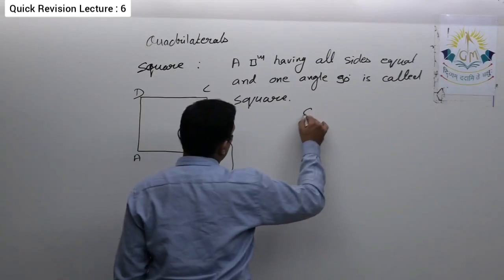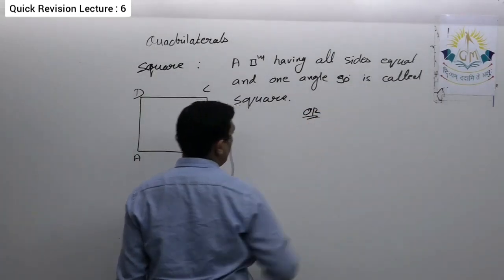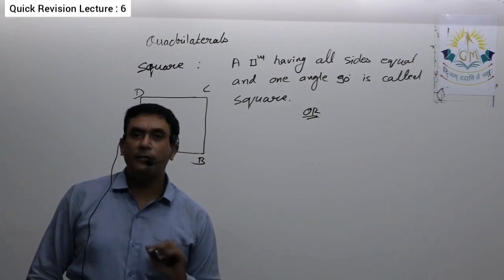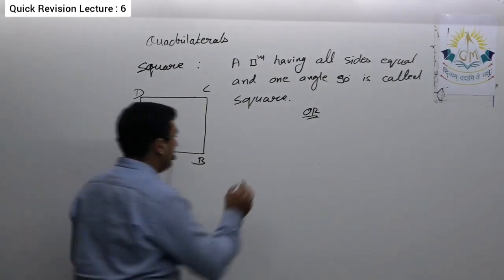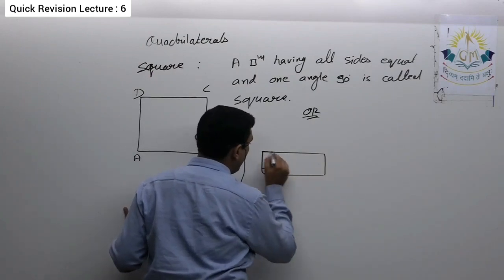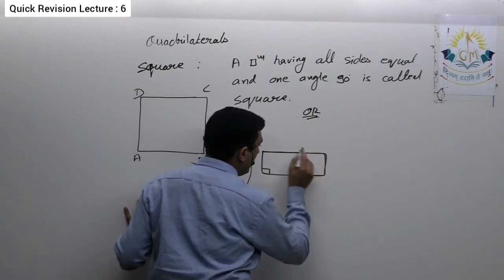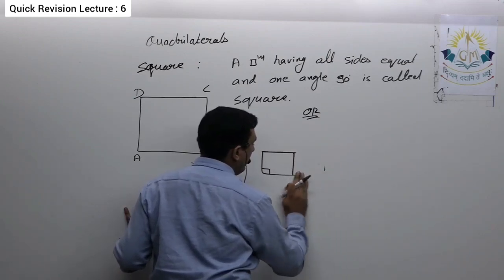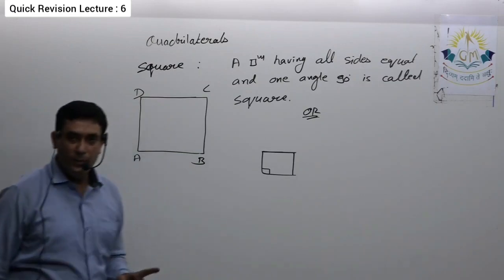There is one more way to define a square. We can say in a rectangle, if we make the adjacent sides equal, see, this is a rectangle already having one angle 90 degrees. Now what I am doing, I am making these two equal. That means in this way. When adjacent sides are equal, then all will be equal.